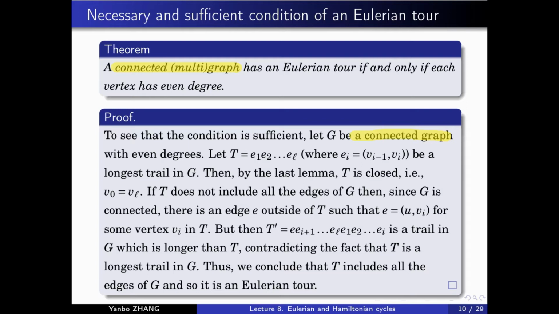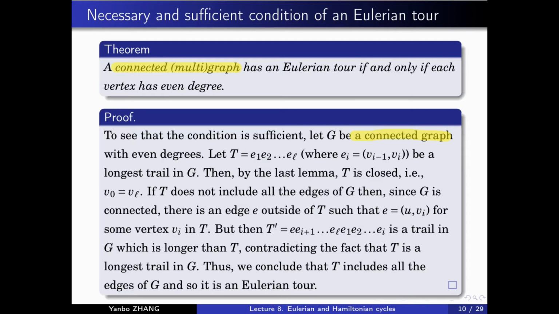That is to say, V0 equals VL, the starting point and the ending point are the same vertex. If T does not include all the edges of G, then since G is connected, there is an edge E outside of T such that E equals U Vi for some vertex Vi in T.